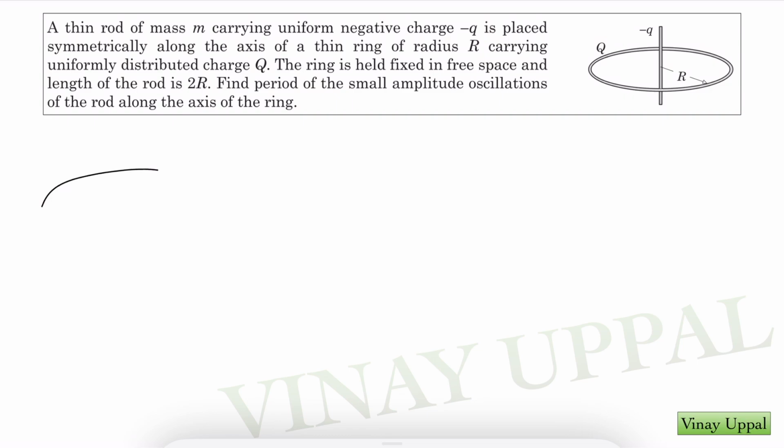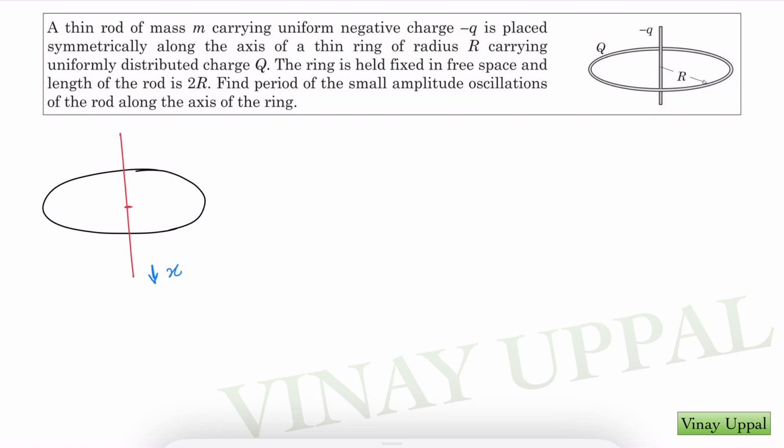Alright, so I have this ring and I have the rod of length 2r. Now if I were to just displace this rod by x, the question says it's in free space, so there's no concept of gravity here.